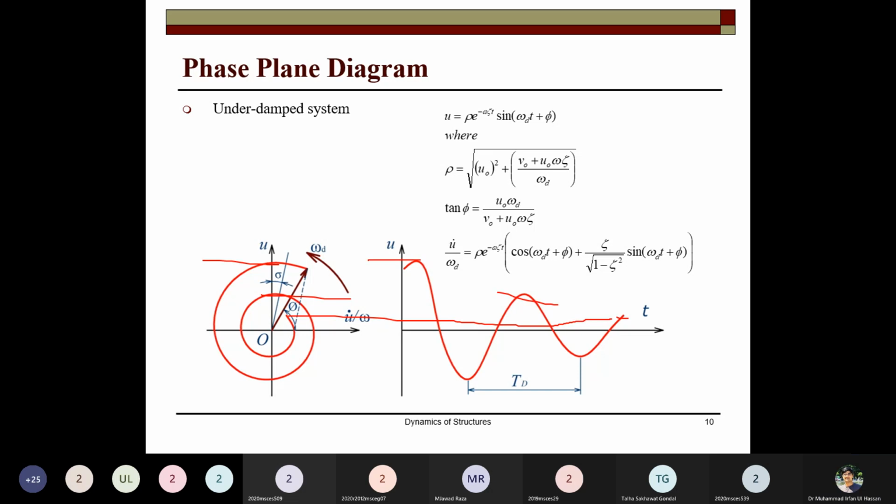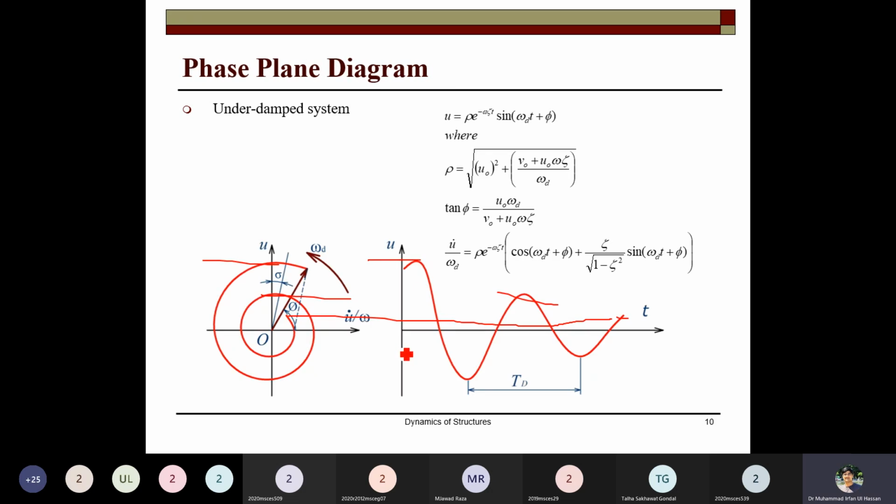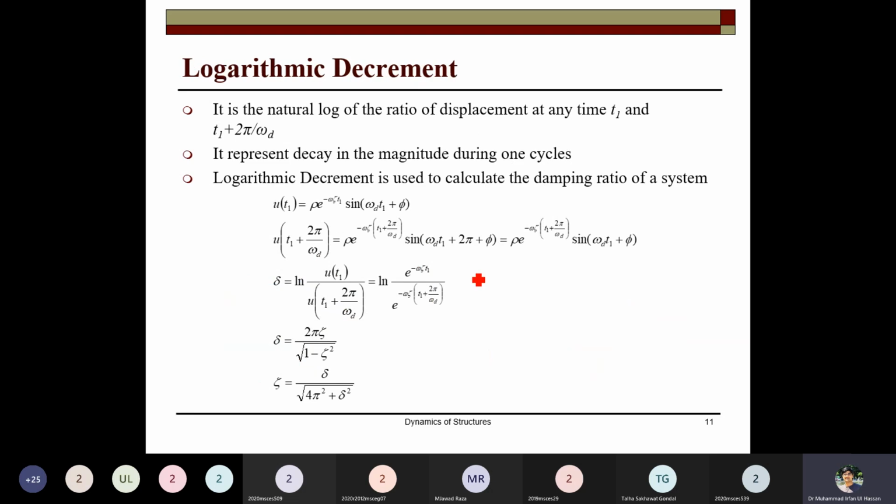Now the logarithmic decrement. If you see this is the first displacement u1 and u2, how these are reducing. So it is seen that these are reducing by the logarithmic decrement. How logarithmic? You have the first displacement at u(t1) and then the second displacement at u(t1 plus 2 pi over omega d).